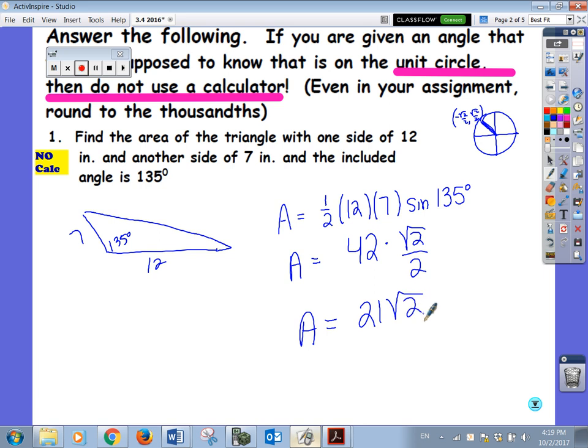We are given units. Area is squared. So 21 root 2 inches squared. Do not forget the squared when you are writing your area. If there were no units given, then I do not care if you put U squared or not, but when inches or a unit is given, you must put that unit squared.